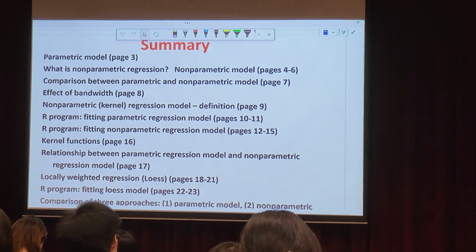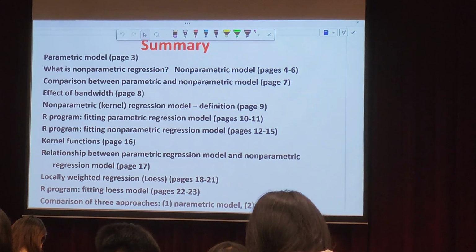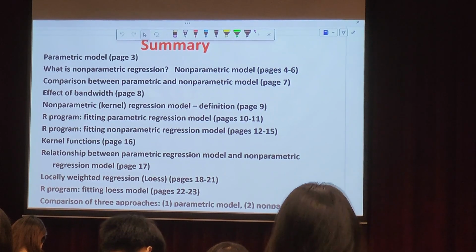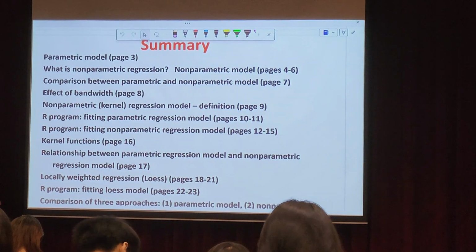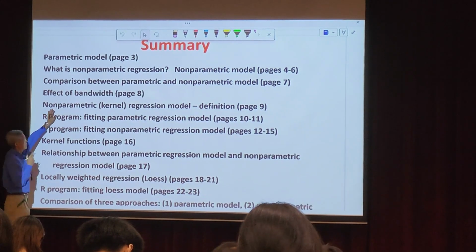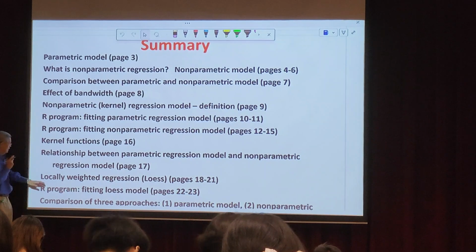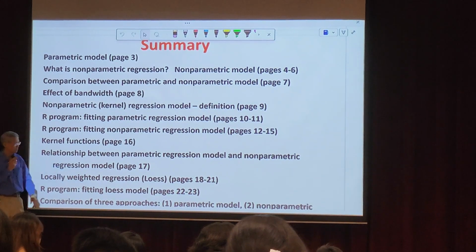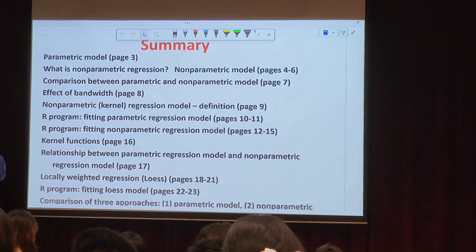And then we'll see how we can fit non-parametric model. And there are two types of non-parametric model that I'm going to discuss here. One is called non-parametric kernel regression model. Another one that I'm going to discuss is locally weighted regression model. So two alternatives.